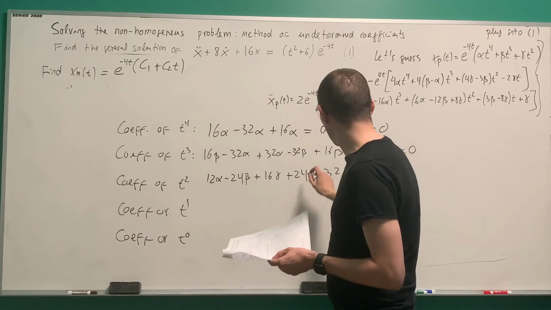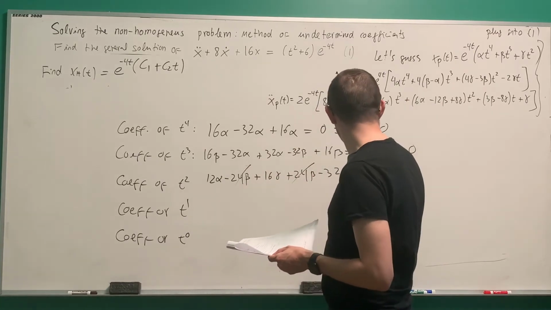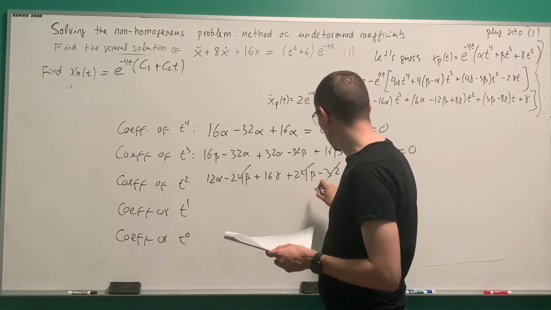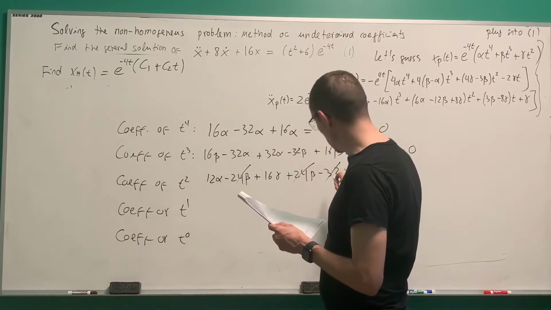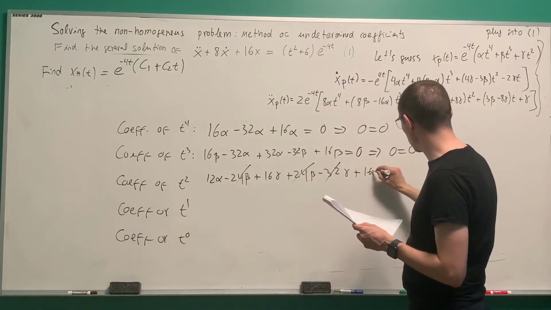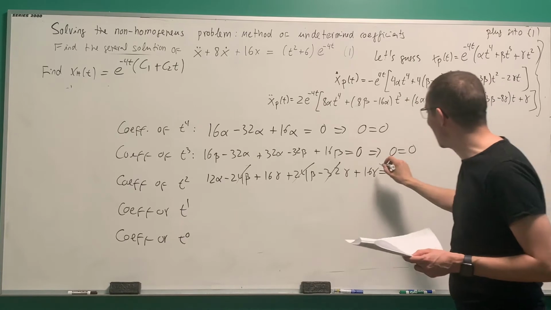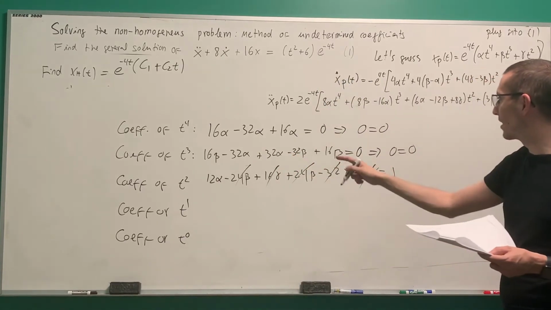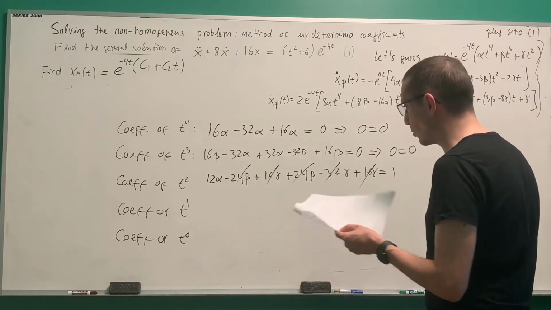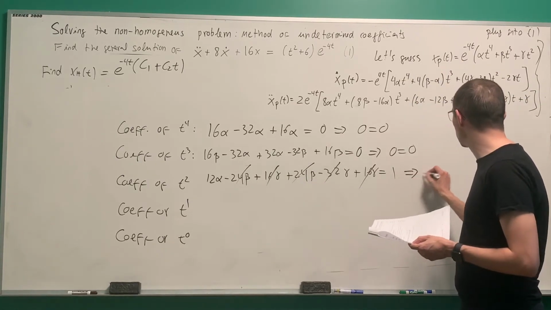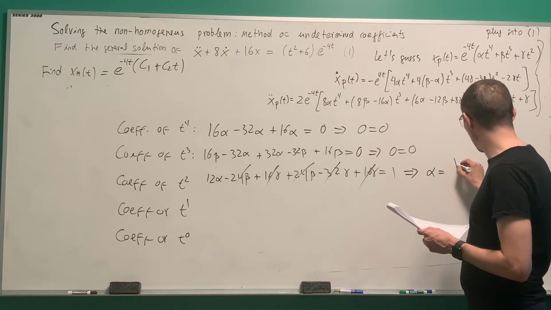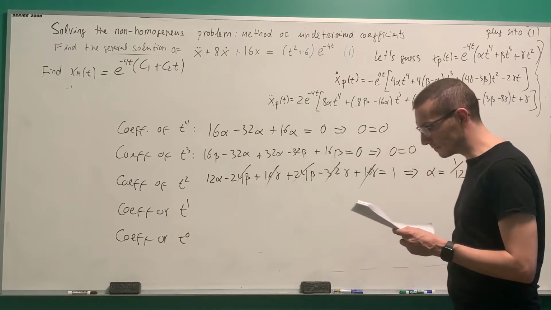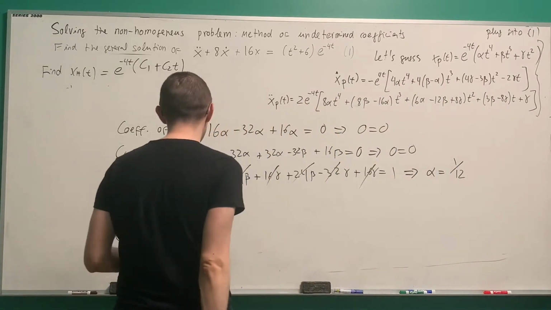All right, so here, betas cancel, gammas cancel as well, 32, 16, 16. So we are left with 12 alpha equals 1, which means that alpha equals 1 over 12.